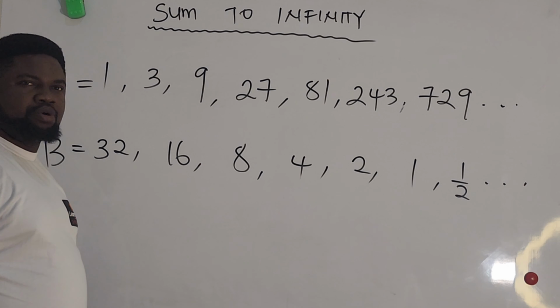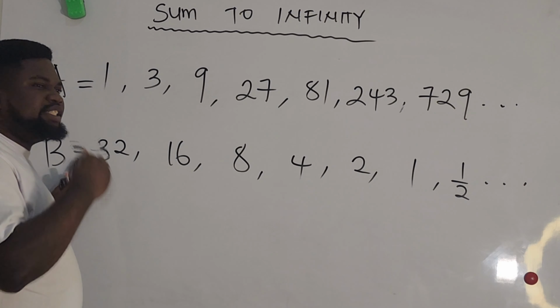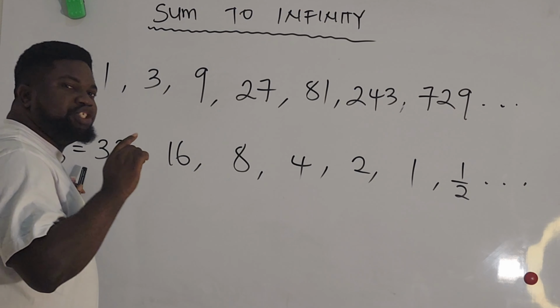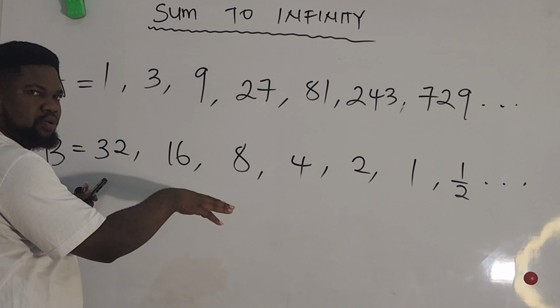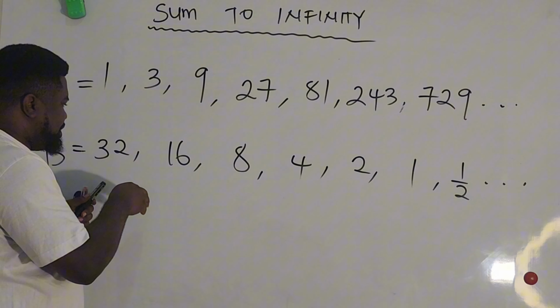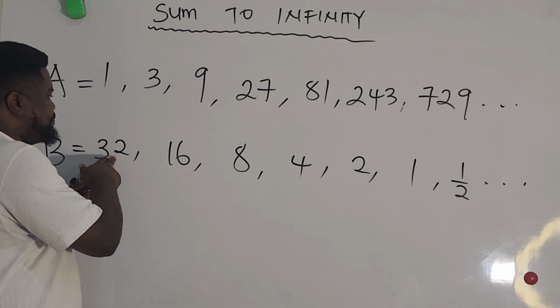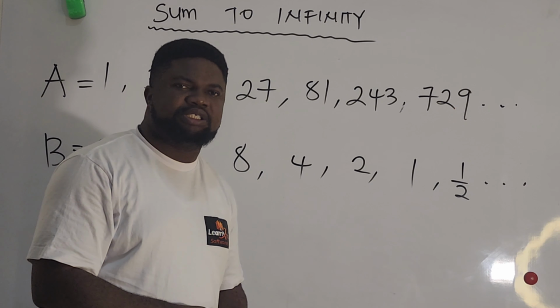But in my second sequence B, you will clearly see that the sequence is going from big to small. When a GP is going from big to small, it means that GP is converging.